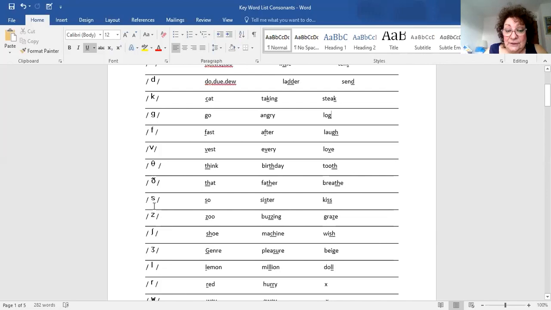Lowercase alphabet letter S and lowercase alphabet letter Z are cognates. One is voiceless, like so, sister, kiss. And we went over the plurals rule. So some plural endings make us. And it's cognate z, zoo, buzzing, gaze.